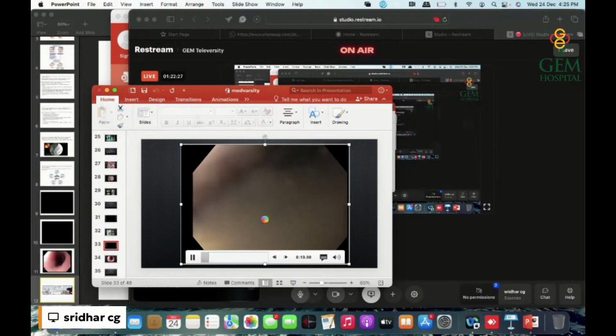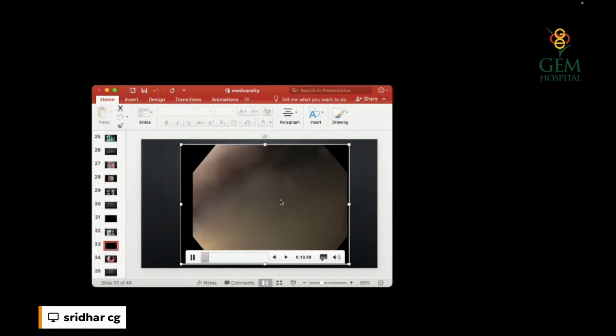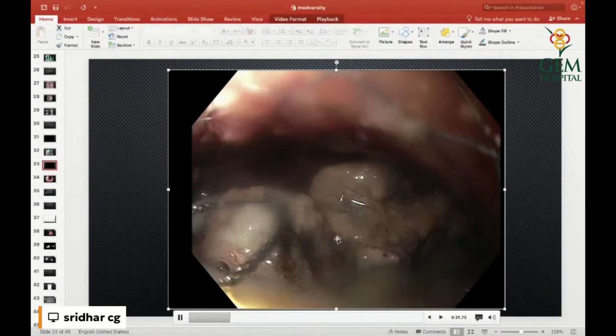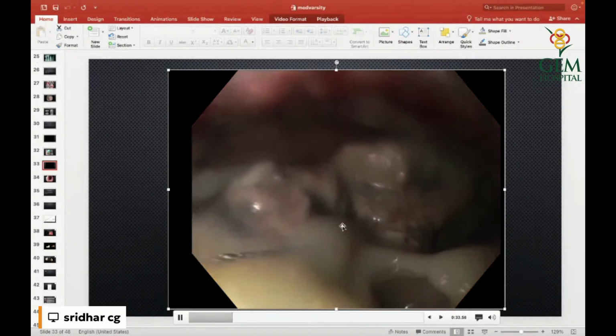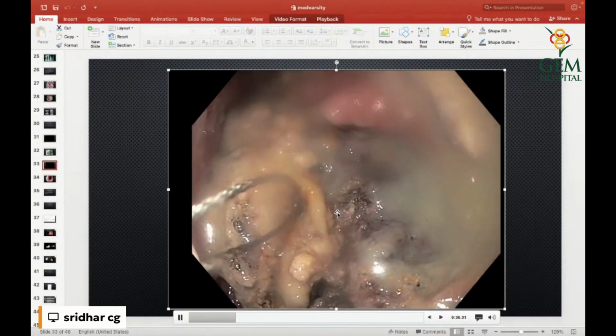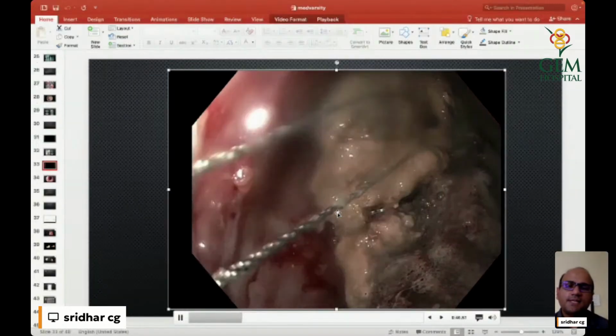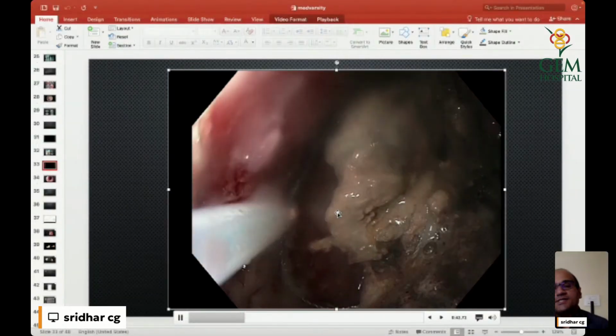What you can see is the endoscope entering into the cavity with a lot of pus and necrotic material. And this is endoscopic necrosectomy where we put in the snares to remove the debris and sequentially do the necrosectomy inside the pancreatic necrotic collection.